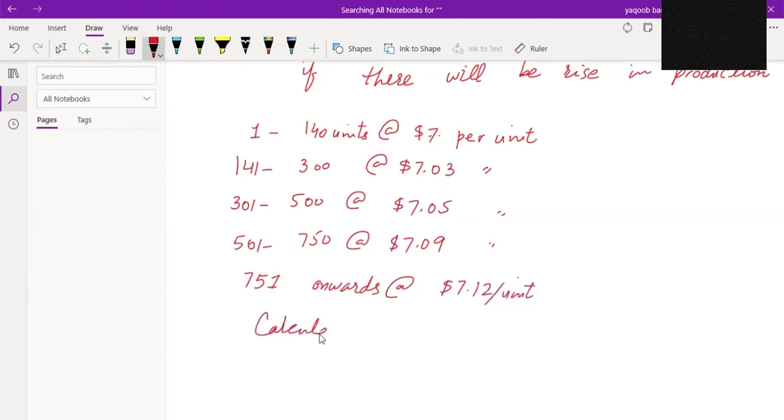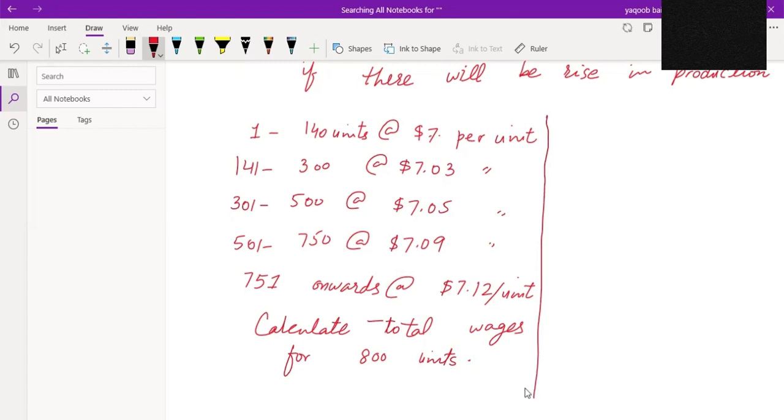Calculate total wages for 800 units. So now we will calculate total wages for 800 units. From 1 unit till 140 at what? At $7. 1 till 140 means total 140 units at $7.